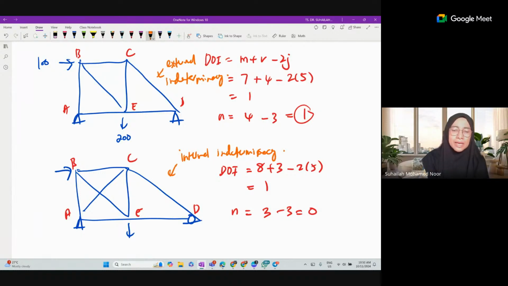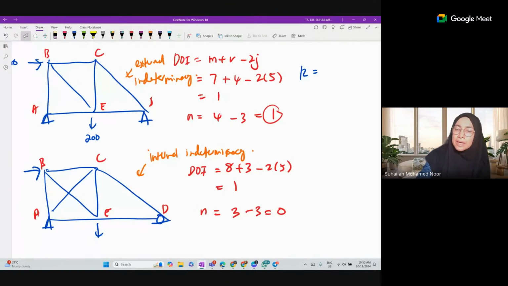In the first truss case, the redundant can be AX or BX. Once we remove AX, the pin becomes a roller. So this is the case.